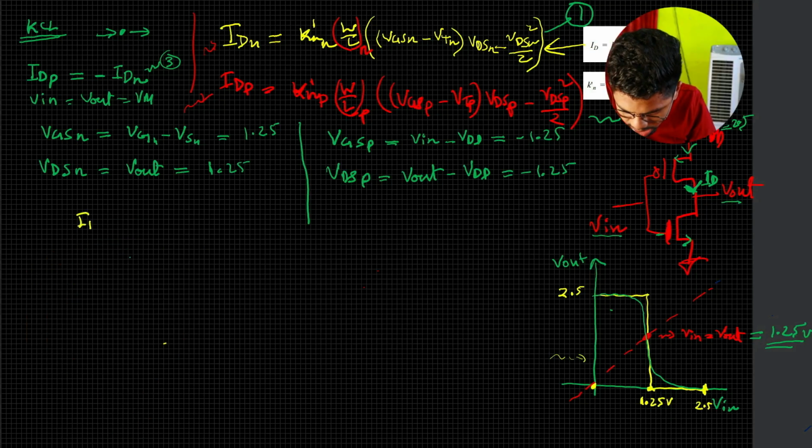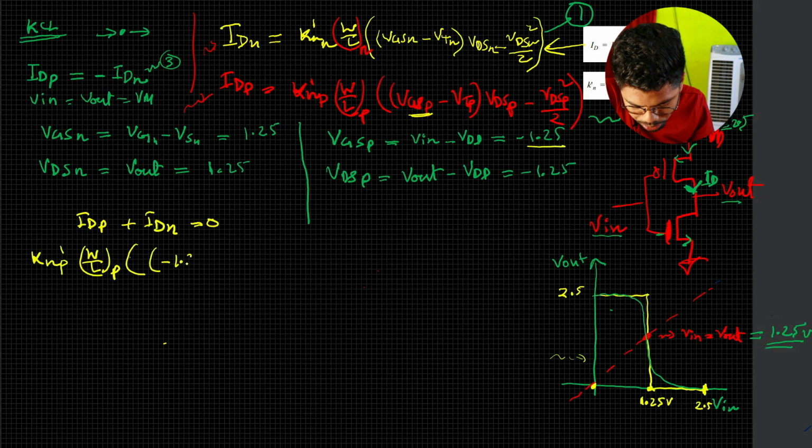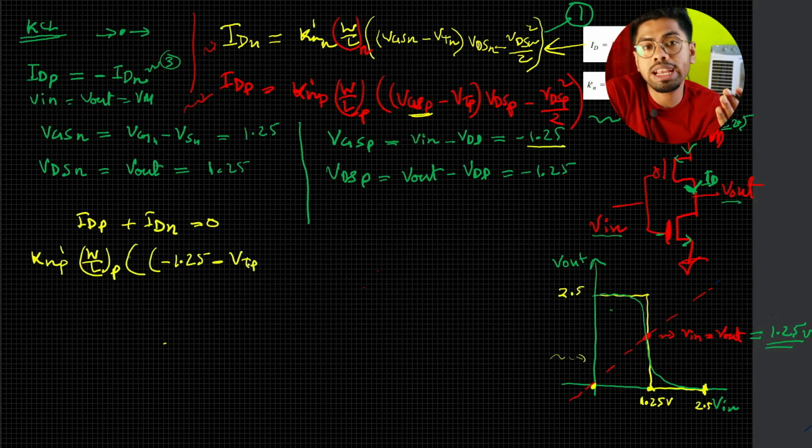So I'll be writing IDP plus IDN should be equal to 0. My IDP is KNP W/L of P, and now here is the interesting thing: our VGSP we have already derived, and that is minus 1.25, and minus VTP I don't know now, so I'll take one example. We need some practical example of threshold voltage of your NMOS and PMOS.